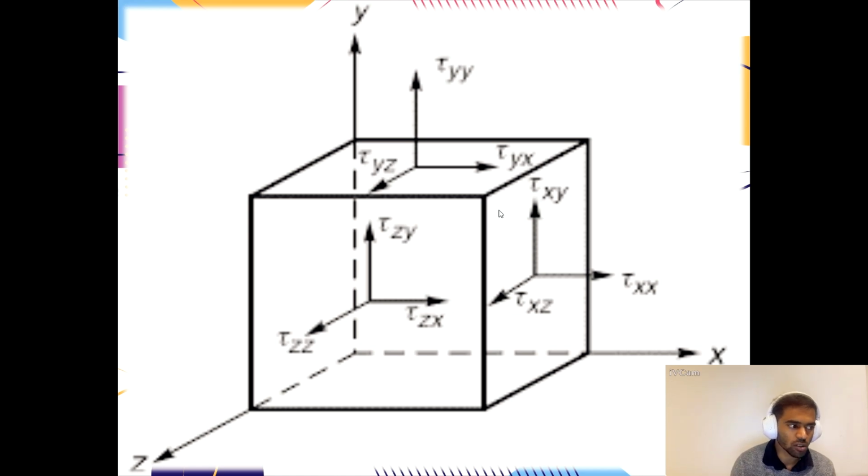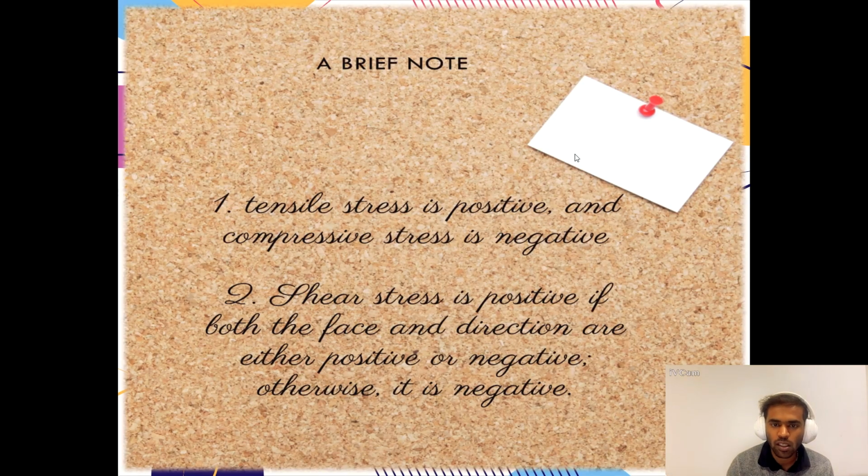In our figure, tensile stress is depicted with arrows indicating the direction. Remember that tensile stress is positive and compressive stress is negative, and shear stress is positive if both the face and direction are positive or both negative. Otherwise, it is negative. We'll take this as a brief note.